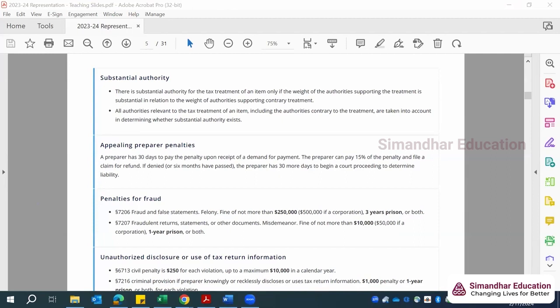Okay, Jaya has a question. Can you please explain substantial authority with examples? Jaya, I do believe that I had given examples when I was explaining substantial authority, but I can do that once again. So as the name suggests, substantial authority means that you are taking a deduction or you are taking a position on the tax return by reading supporting documents or by reading the law. So let's say that I see that my client has done a certain crypto transaction.